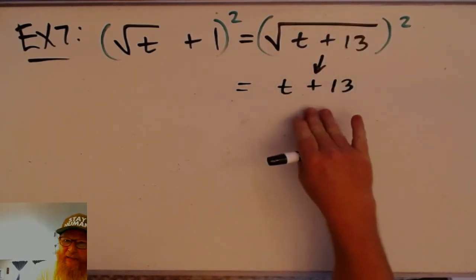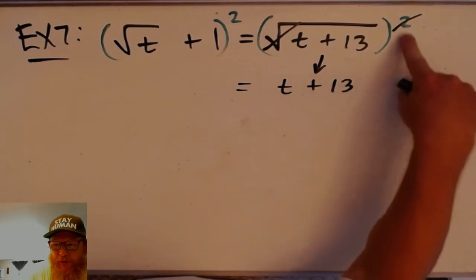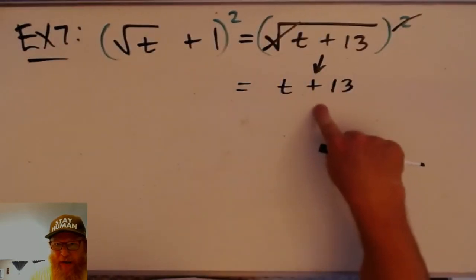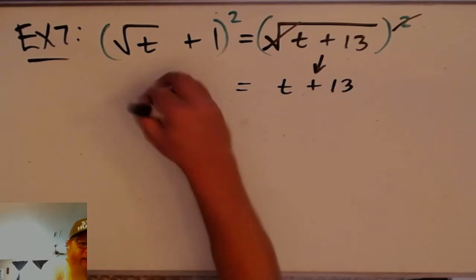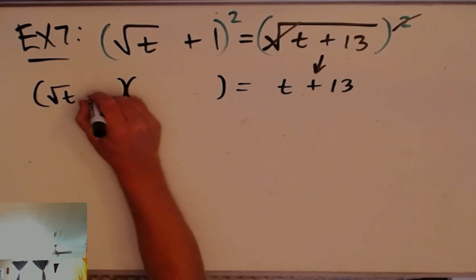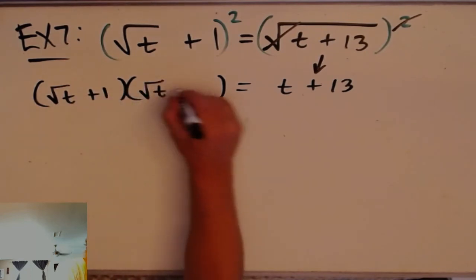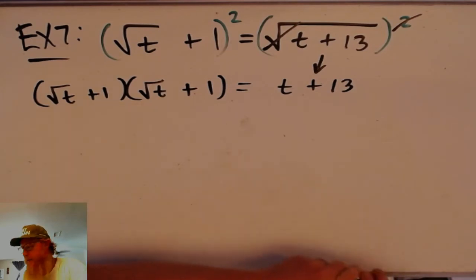The right-hand side is easy. This is what we call an extraction. Squaring a square root extracts the inside, the radicand. The left side, you have to actually write it out. I know, you don't want to. I don't want to either. But you have to. Square root t plus 1, square root t plus 1.